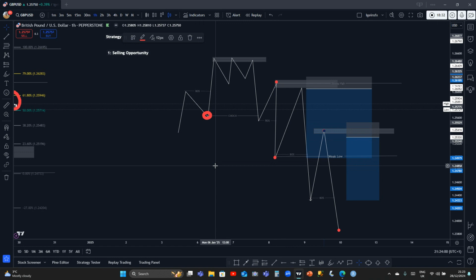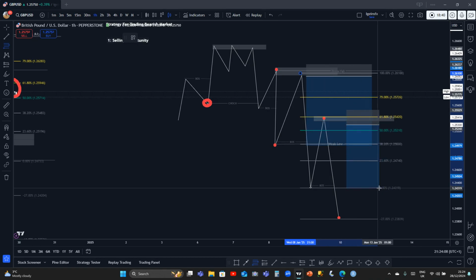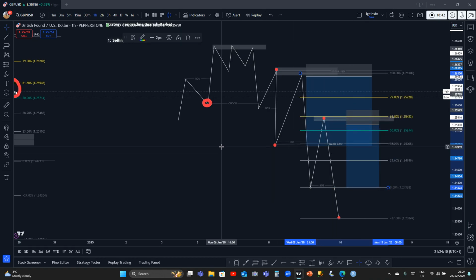For me to wait for a retracement, all I need to do is plot my fib. I know anything above 50%, once price gets to that level, I'll just enter.